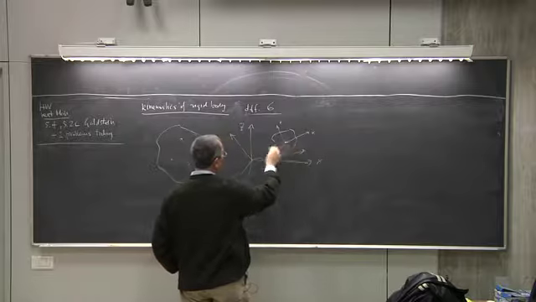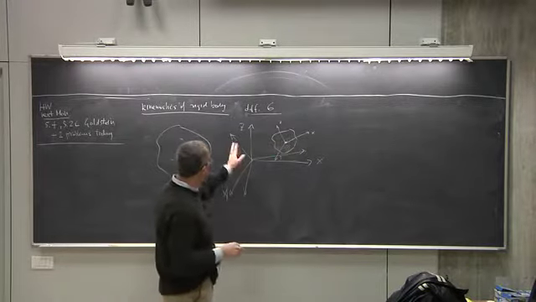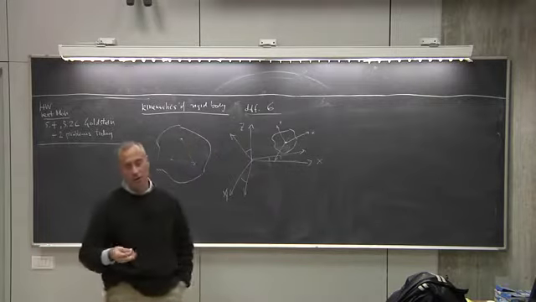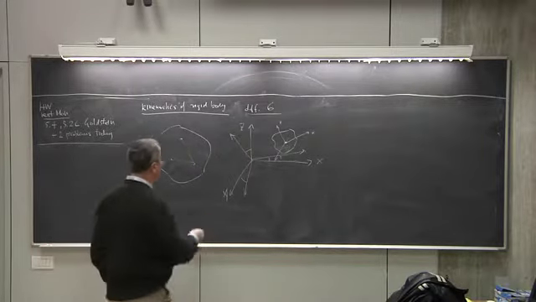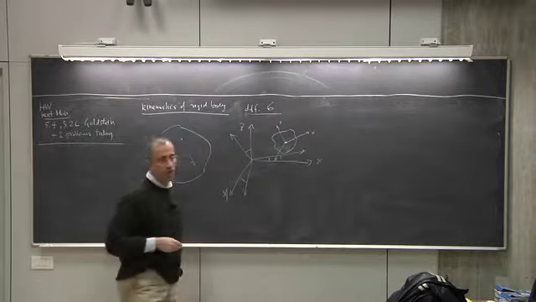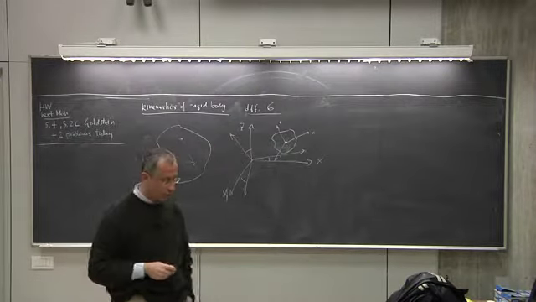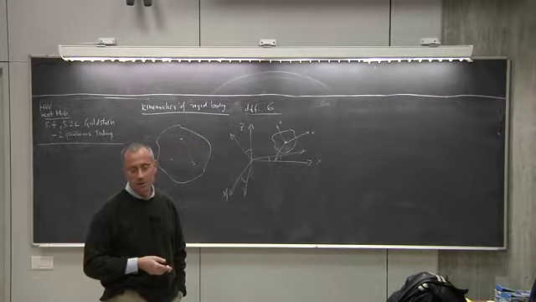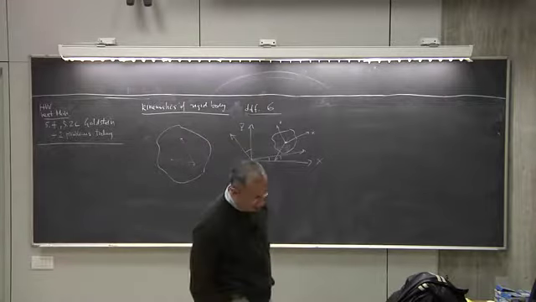I can always do this by translation, and then the cosines of the angles between the axes are called the direction cosines, okay? Have you ever seen that? Yes? No? Okay. That's not very important.